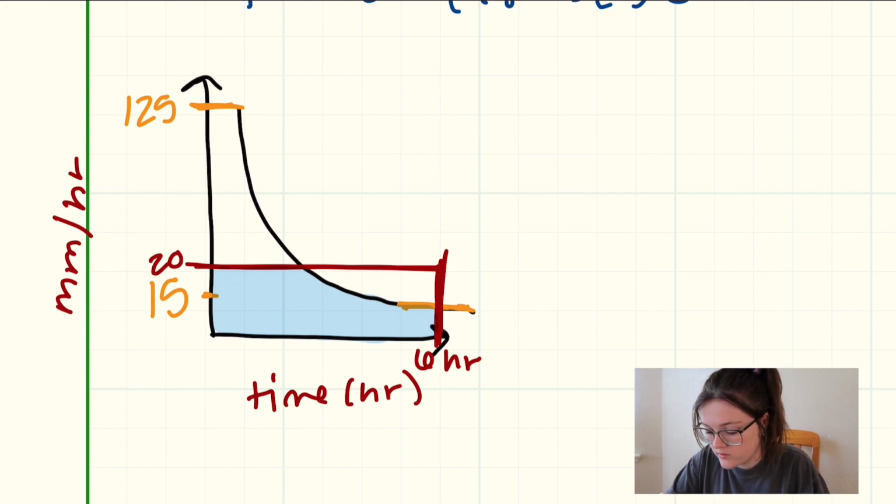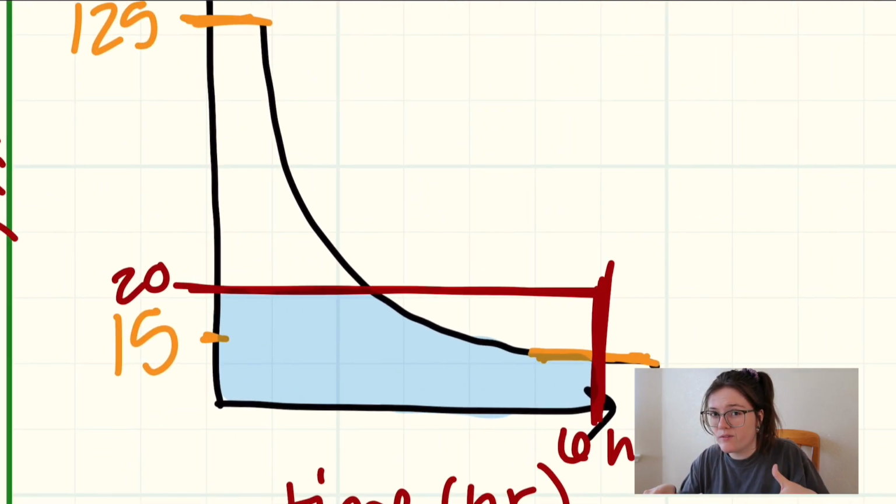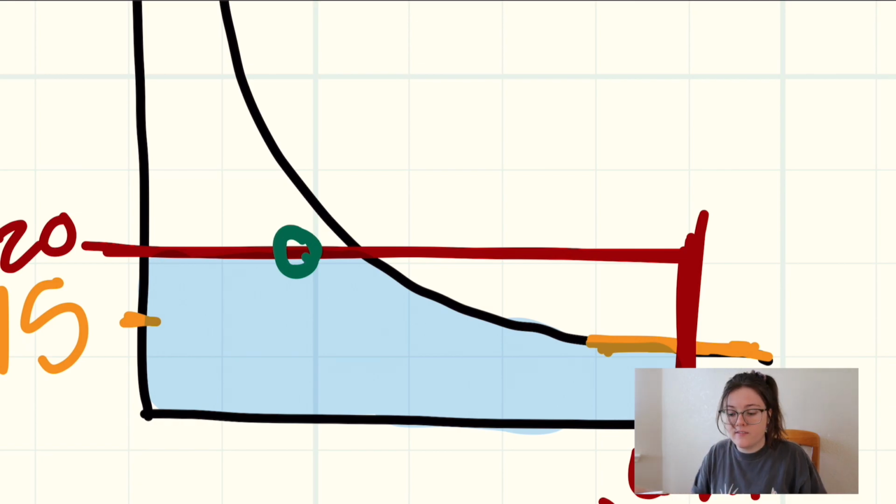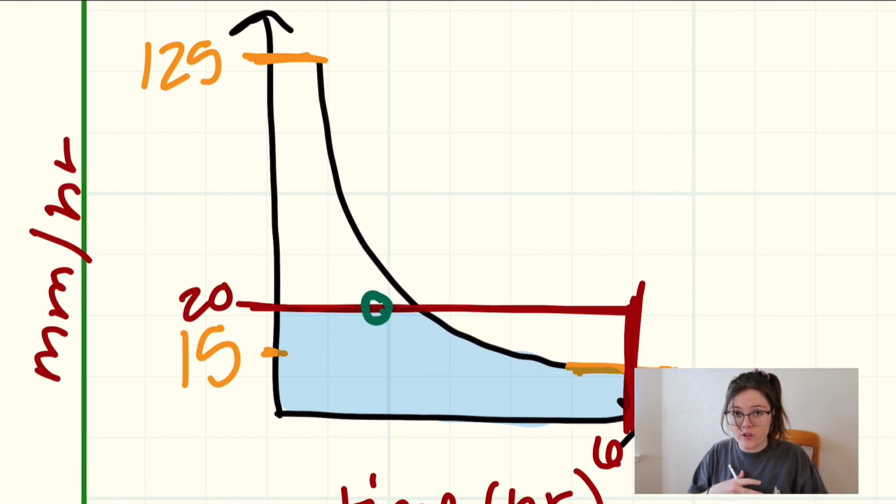For example, let me draw that out to show you, because that was kind of confusing to me when I first learned this. At this point in time, whatever that time is, the lower value is our rainfall, which is at 20 millimeters per hour. So we have the 20 millimeter per hour right here. And at that same time, our Horton infiltration capacity curve is higher than it. It's up here at whatever this is, 40 or something.